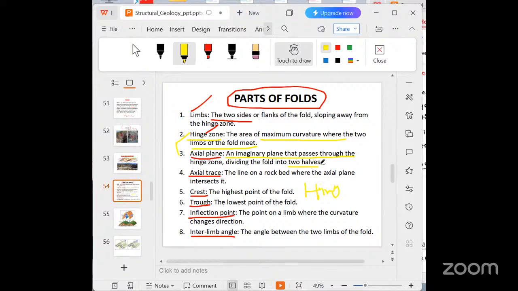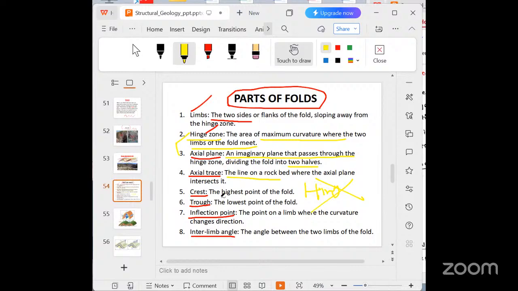When the axial surface forms a plane, it is called the axial plane. Now axial trace: the line on a rock bed where the axial plane intersects it is called the axial trace.